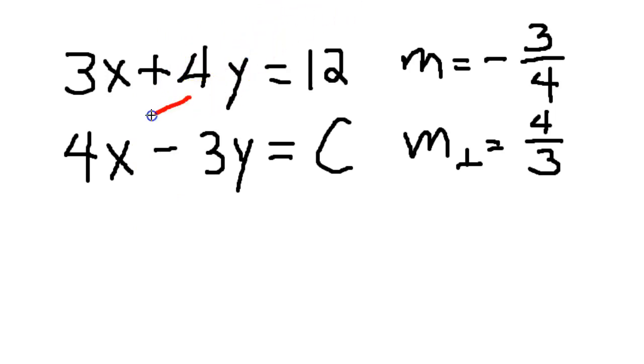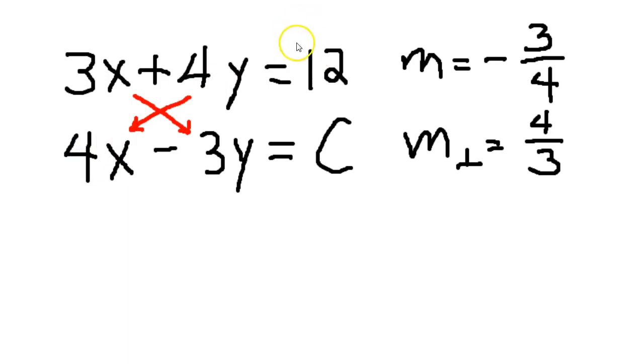we swap the coefficients. So in the original line, 3 was the coefficient of x. It now becomes the coefficient of y. And in the original line, 4 was the coefficient of y. It now becomes the coefficient of x.